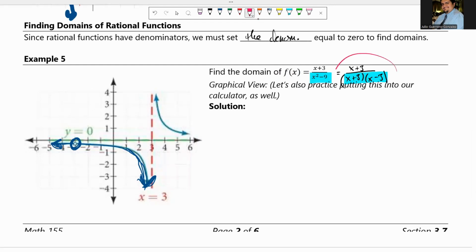Now, let's go back to our function, this one. Notice this. We have an x plus 3 on top and an x plus 3 on the bottom. Those cancel.